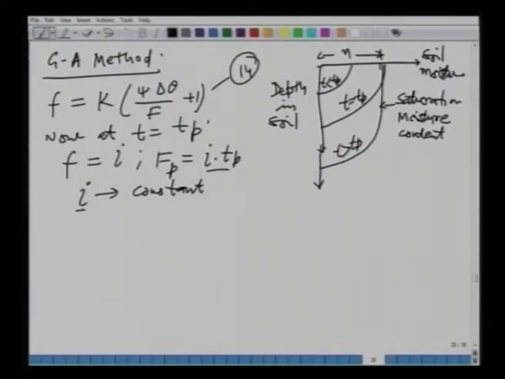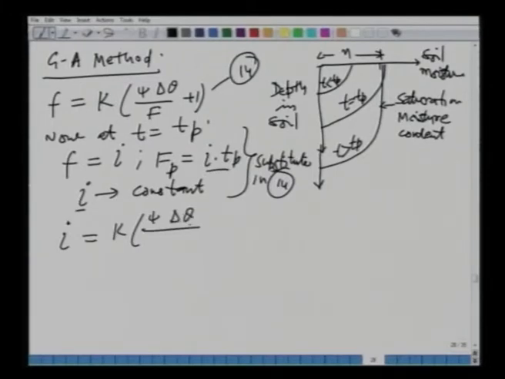Okay. So, now what we do is we just substitute these things in equation number 14. If we do that, then the left hand side is f, which we said is I, equal to K times psi delta theta divided by capital F, which at t equal to tp is Fp, which we have said is I times tp, plus 1.